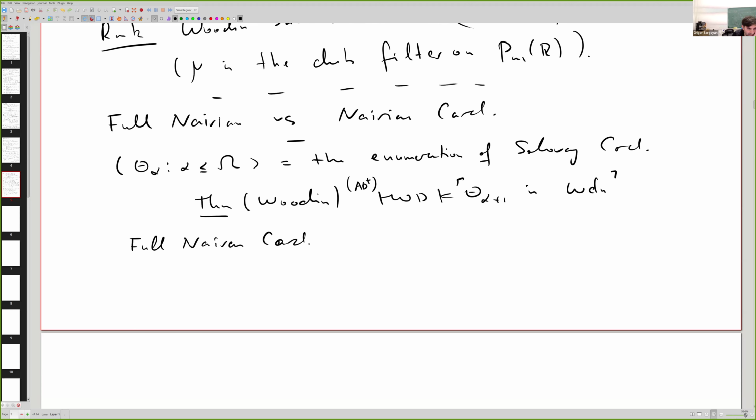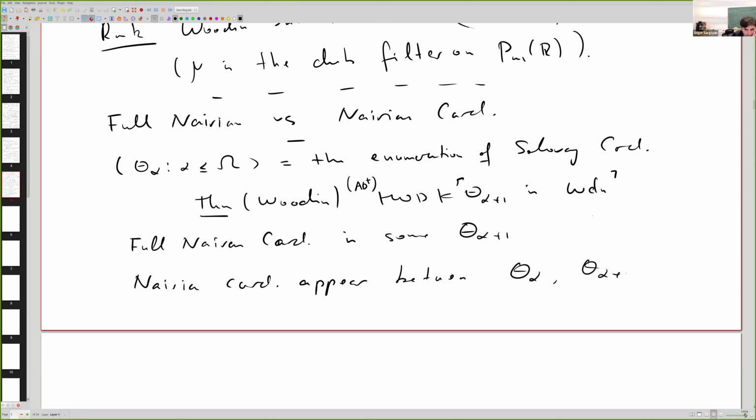Cardinals are exactly these theta alphas, right? Just the Nairian cardinals appear between theta alpha and theta alpha plus 1.